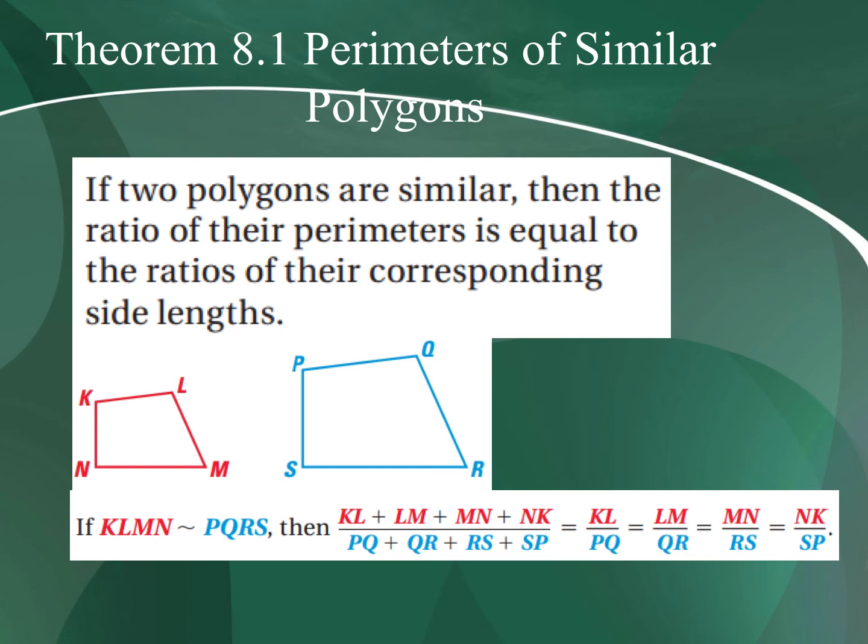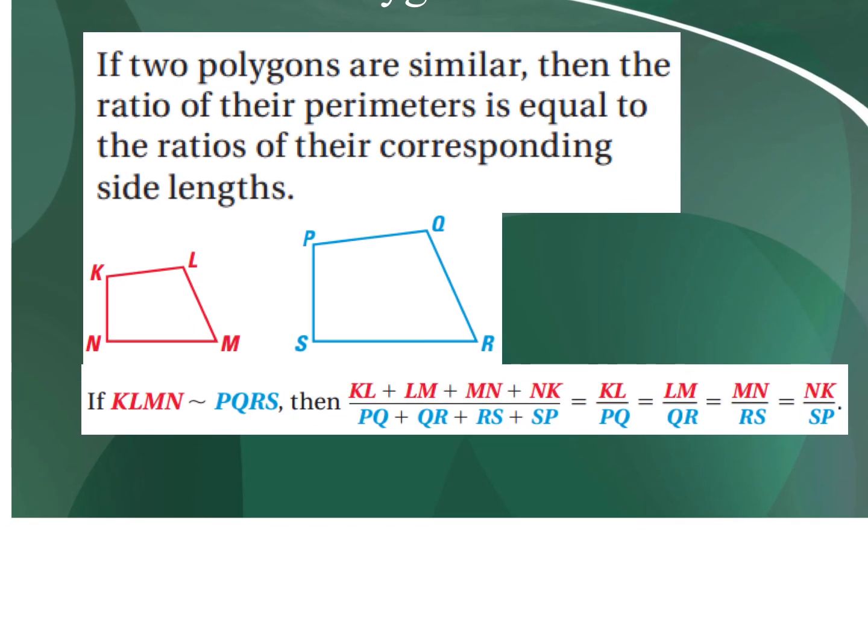So just like we saw before on that other example, remember we had 32 over 40, which simplified to 4 to 5, which was also the scale factor we found on that other example.